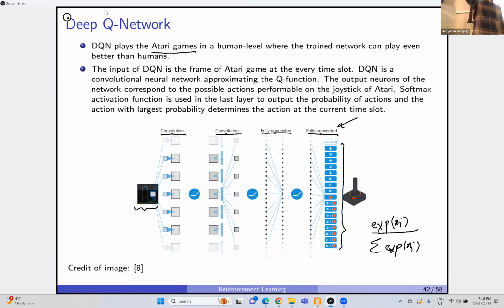I can divide each of them by the summation of all of them. Then they will become between 0 and 1, and they will sum to 1. But I said, what if I want them to behave like a Gaussian distribution, Gaussian probability? In the Gaussian distribution, I have the exp operator, the exponential operator. So let me put them in the exponential operator and then divide them by the summation of them. This is called the softmax form.